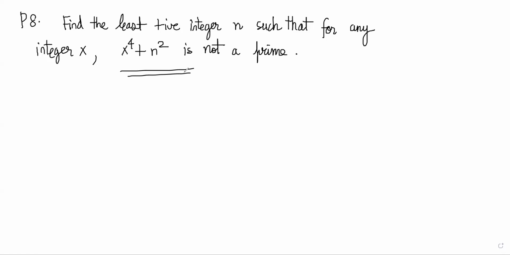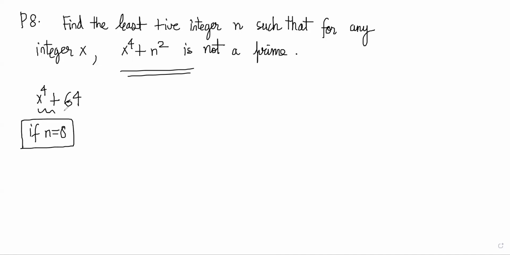Now, if you are familiar with this standard factorization, x power 4 plus, let's say, something square, I will try to do the factorization of this when you take n is equal to 8.